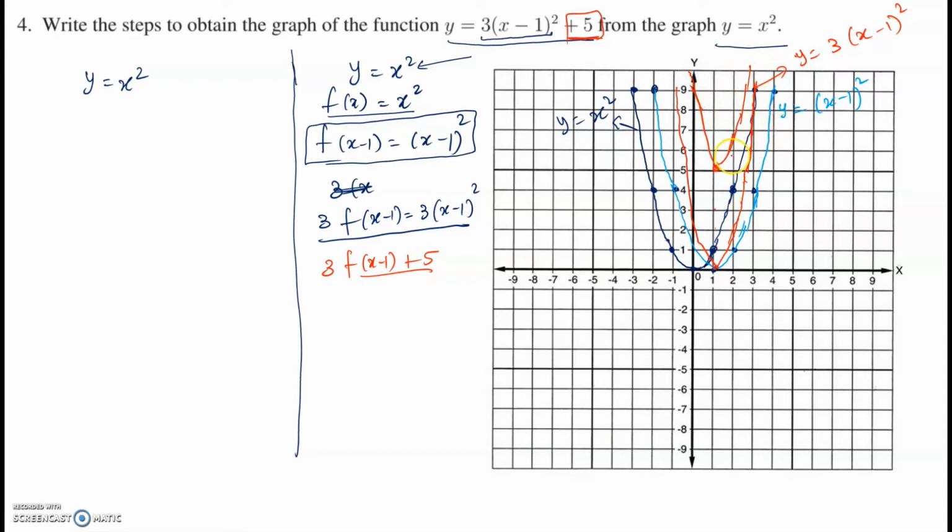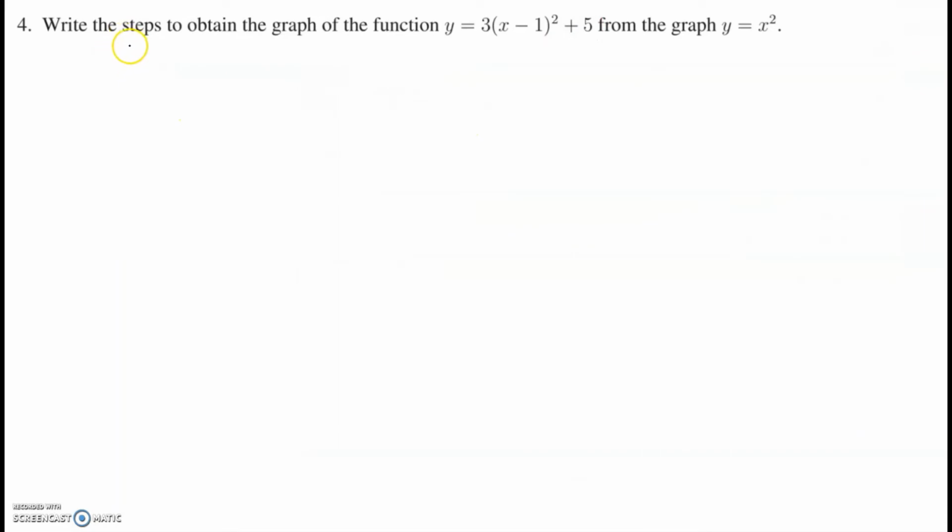So just for your understanding, now let's try and put it in words. For the exam point of view, we will write down the steps as mentioned here. It says write the steps. Now that we have a clear understanding, step 1 would be to draw the curve y is equal to x squared.